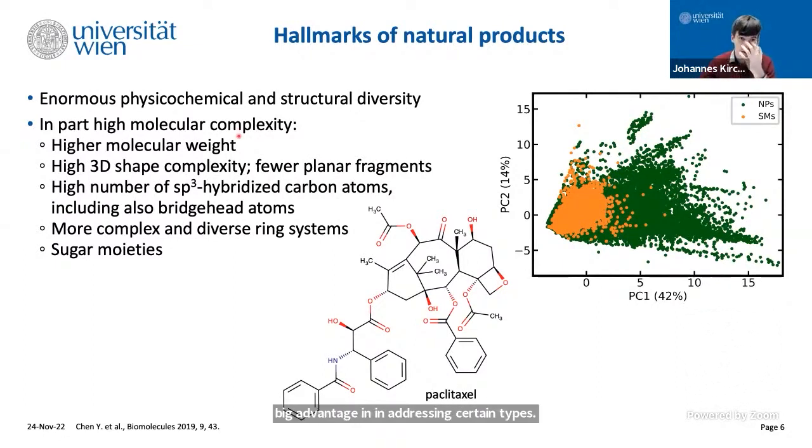And this comes because we have a higher degree of sp3 hybridized carbon atoms. In particular, something like this here, what you see here is bridged carbon atoms, and they make these molecules have complex 3-dimensional shapes. And what we also have, of course, is more complex ring systems, which I will show you in a moment.